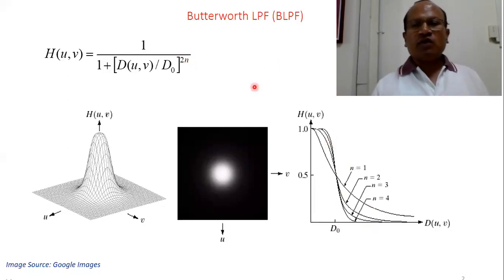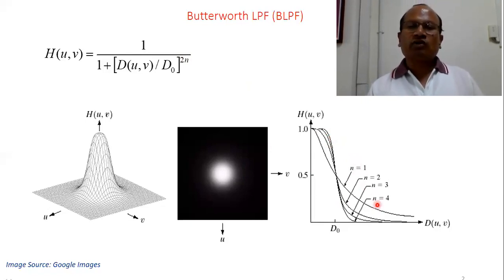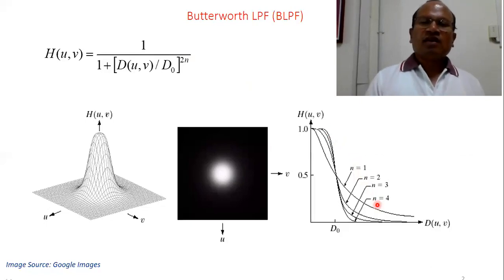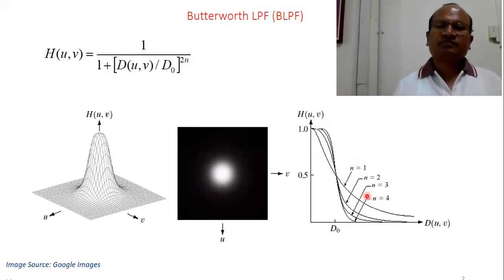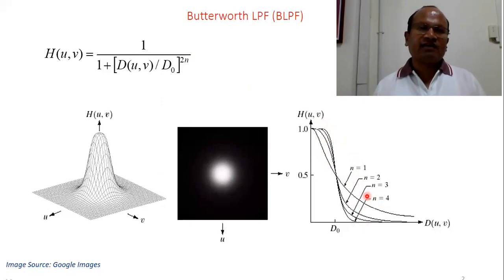Can you see here when we substitute n equal to 1, 2, 3, and 4? If you look carefully, for n equal to 1 the roll off is very gradual, and when you go to 2, 3, and 4, the roll off becomes steeper.